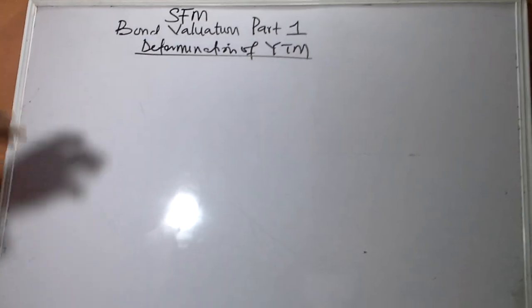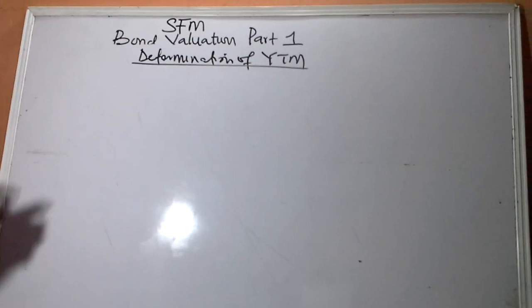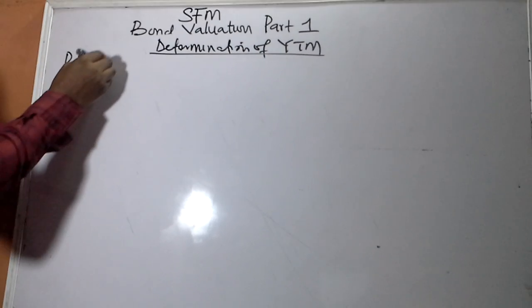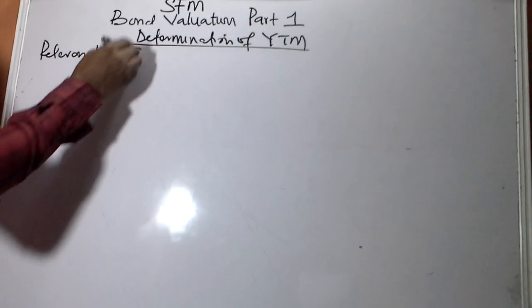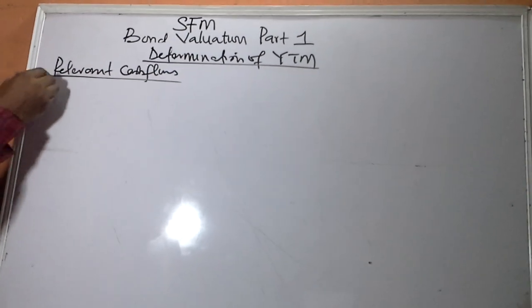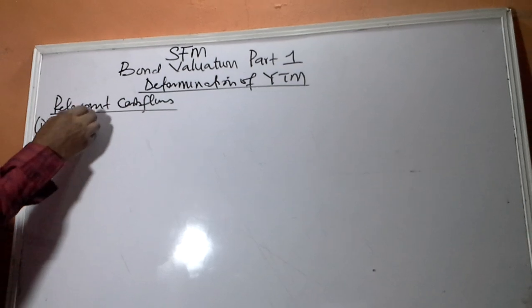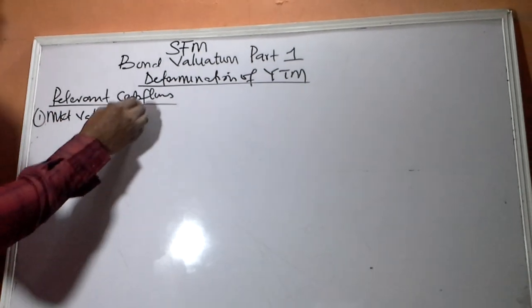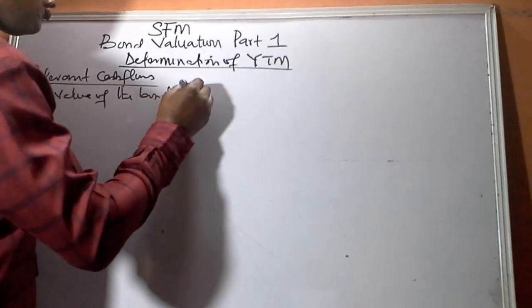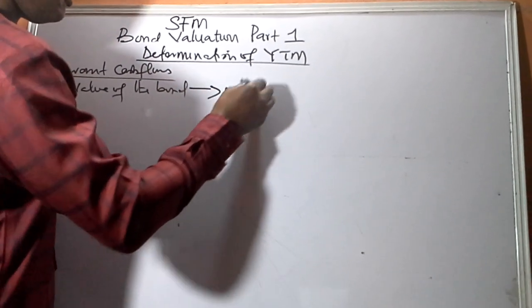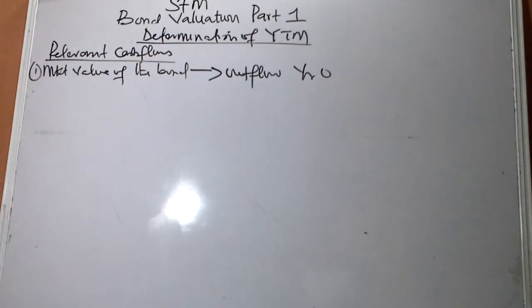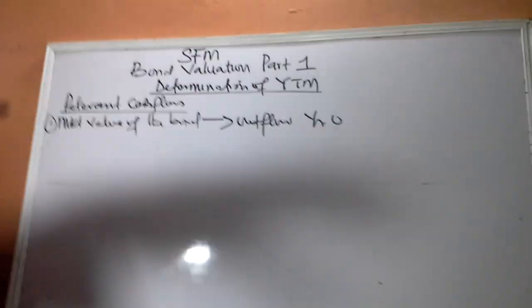Now, to get the yield of the bond, you need some relevant cash flows that you need. One, the market value of the bond, as an outflow in what? In year 0. Exactly. You will be given the market value of the bond.